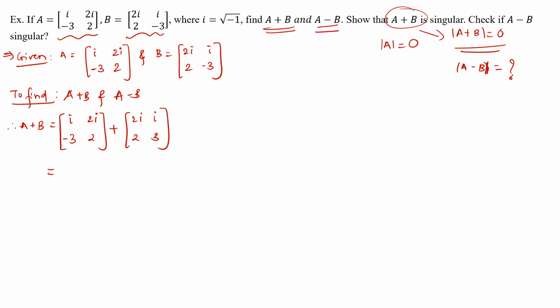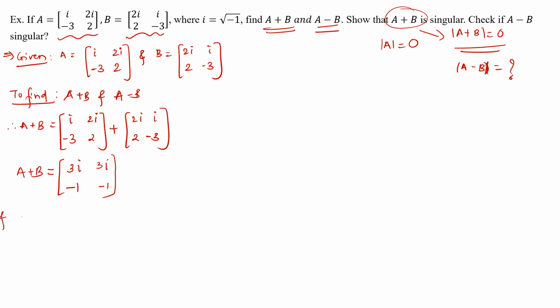So this is going to be iota plus 2 iota 3 iota 2 plus iota 3 iota minus 3 plus 2 minus 1 2 plus 3, that is, sorry, here it is minus 3, so 2 minus 3, that is minus 1. This is the value of A plus B.